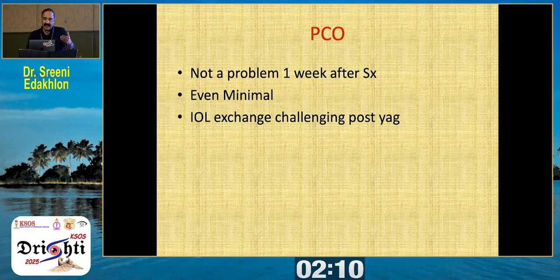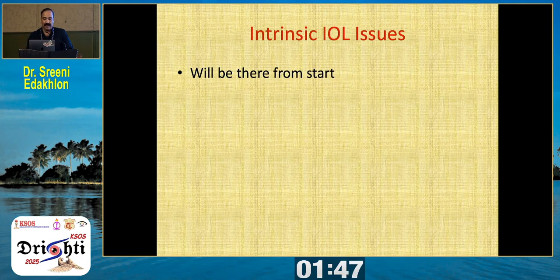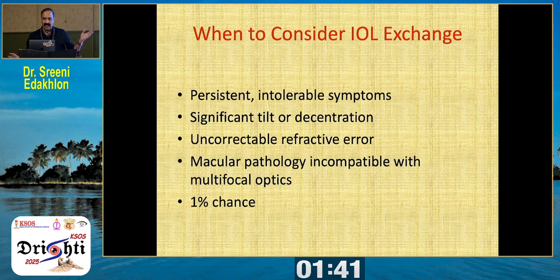The point at which you're going to do YAG capsulotomy in these cases, you might do it much earlier than with a monofocal IOL. And in case you feel that you have to do an IOL exchange later, you have to decide whether to do YAG cap or not, because IOL exchange will be very difficult if you do a YAG capsulotomy. The intrinsic IOL issues, glare halos and all, will be there from the start.